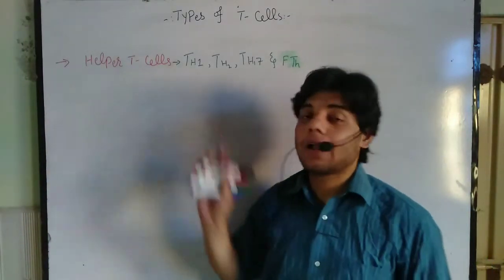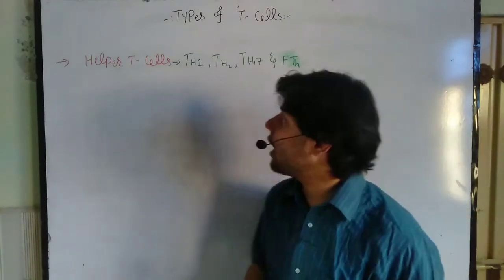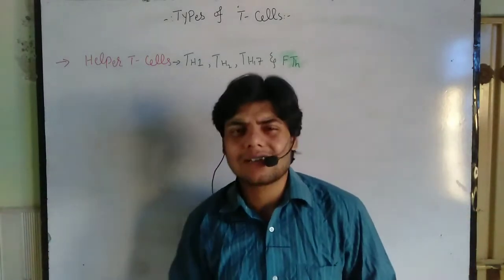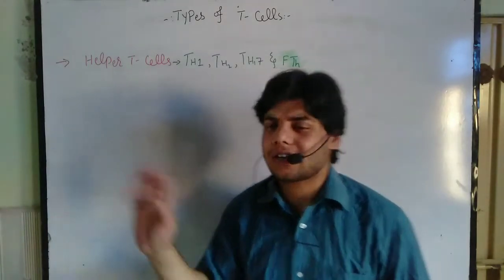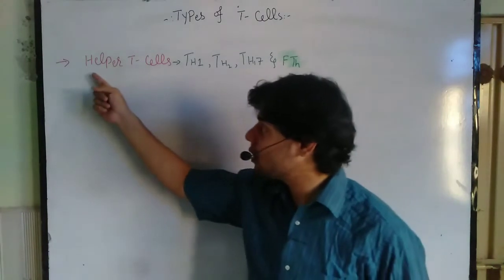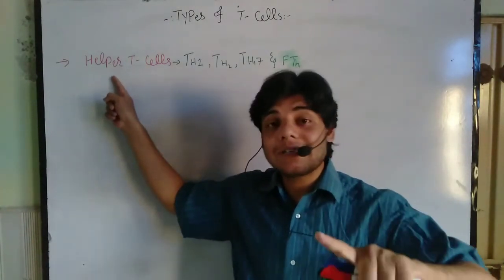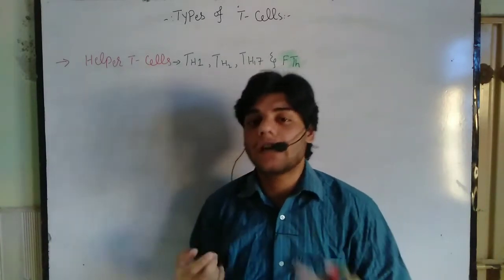So this is the job of helper T cells: they activate the other cells, macrophages or other types of immune cells, and we will explain what kind of cells they activate. As the name indicates, helper means that they help to activate the other immune cells.